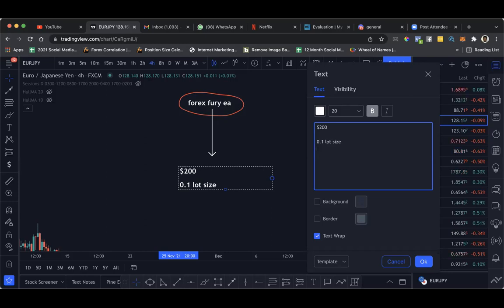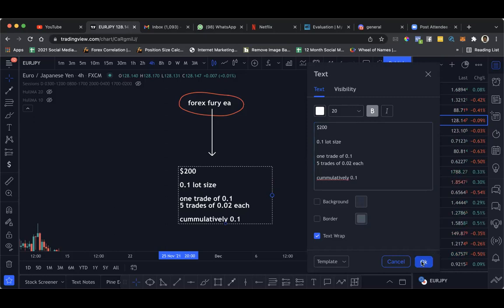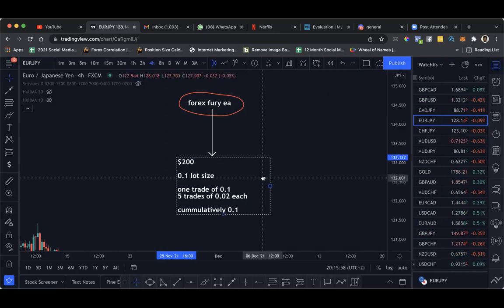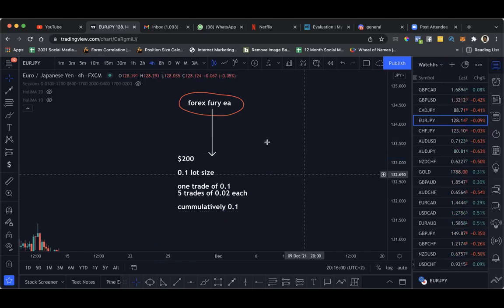So this can be one trade of 0.1, or you take 5 trades of 0.02 each. But cumulatively, you need a minimum of 0.1 lot size. So that's on your Extend account, that account that you created to join this platform.